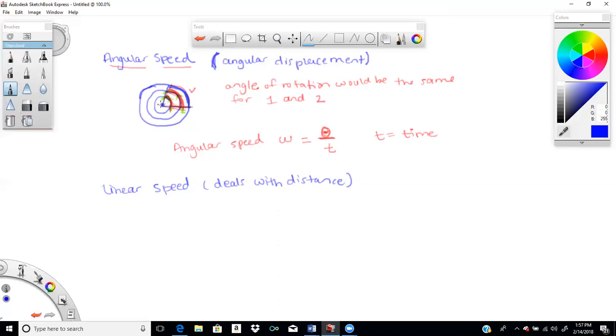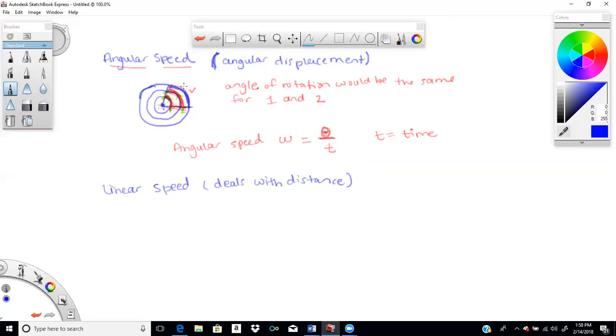So from here to here, this radius is less than this radius from here to 2. So the distance is different. All right, so 2 is further than 1.